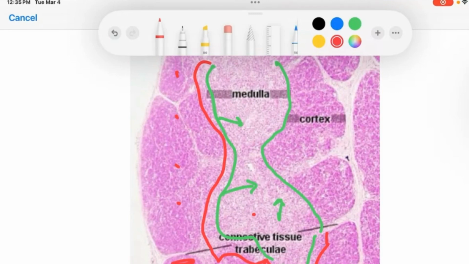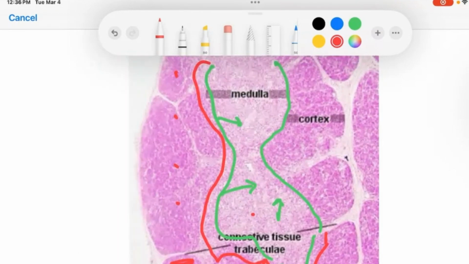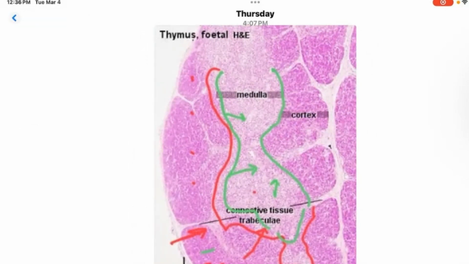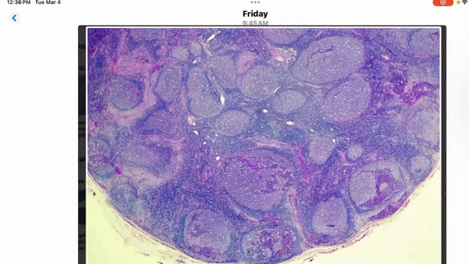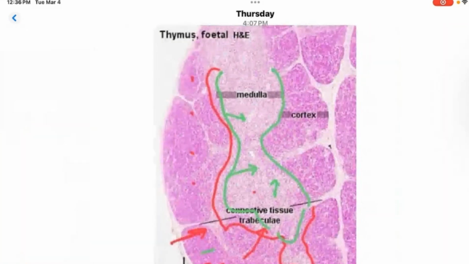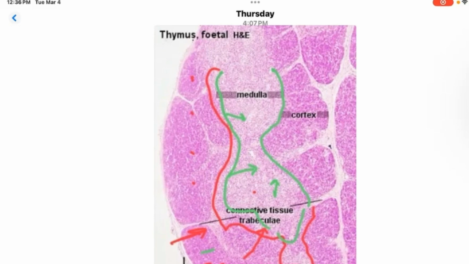There's a page on this in First Aid that describes it in more detail, but just know that the cortex of the thymus, which is darker staining, has the immature T cells, and the medulla, which is light in color, is where you find the mature T cells.